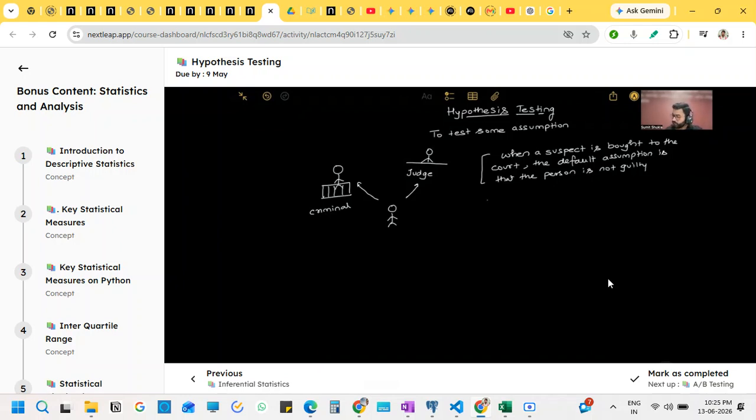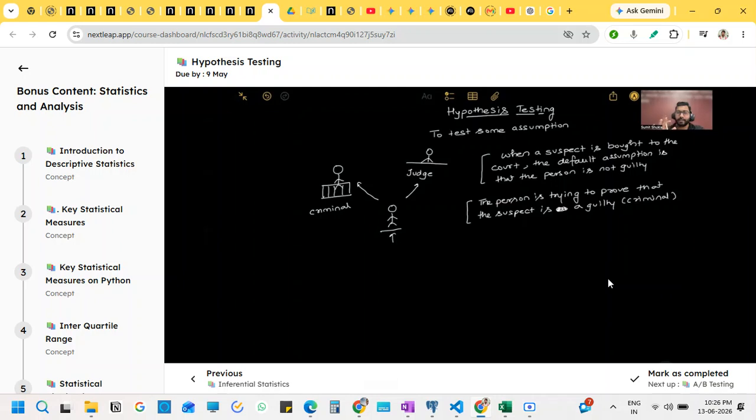So what the person is trying to prove is that the suspect is guilty or a criminal. So this is what the, I would say, prosecutor, or I don't know what's the correct way to call this person, but this is what this person is trying to prove, right?